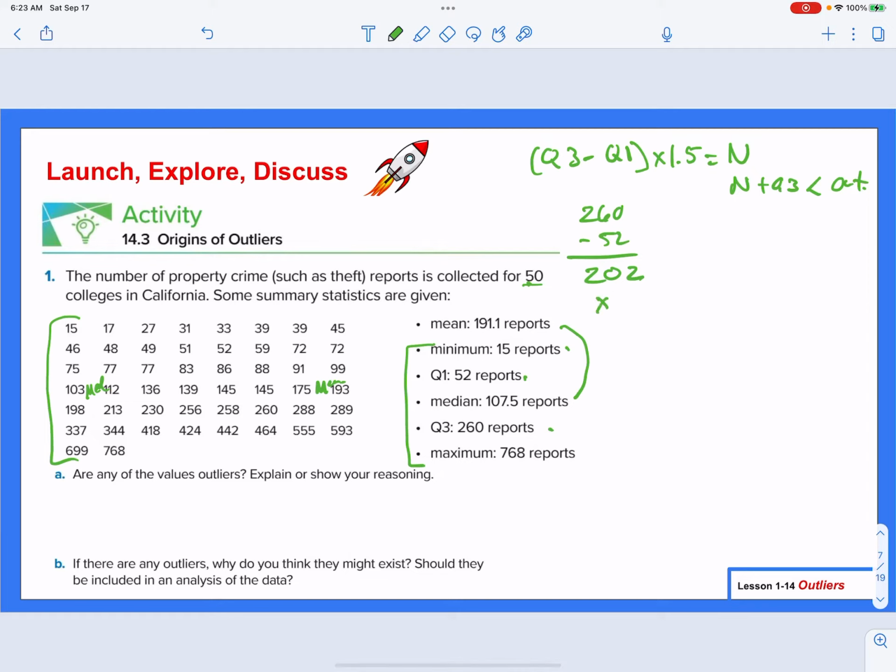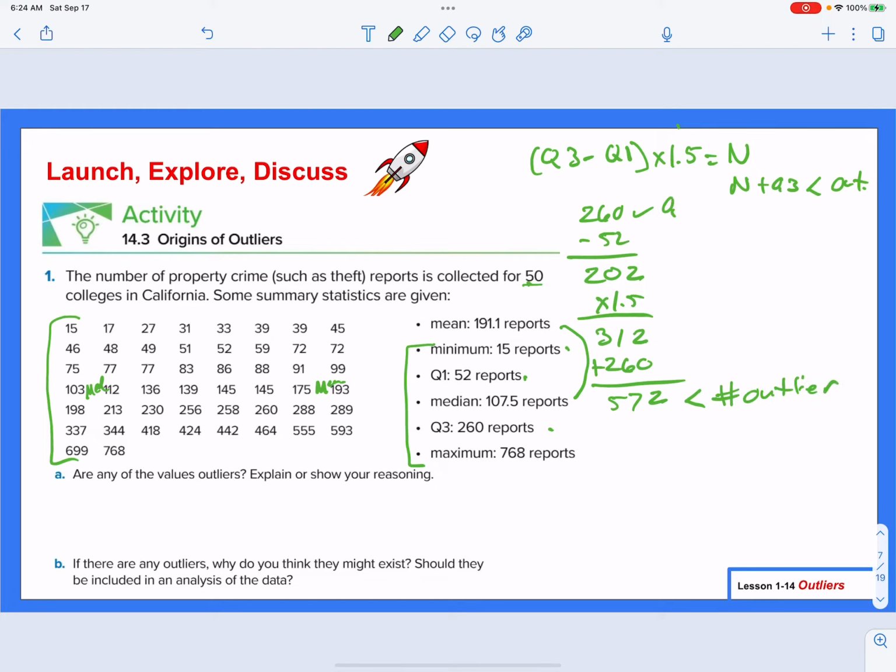Now I'll take that value and multiply it by 1.5. When I multiply by 1.5, I end up with 312. And then I'm going to add Q3 back to it, which is 260. So now I'm at 572. So anything greater than 572 is going to be considered an outlier.